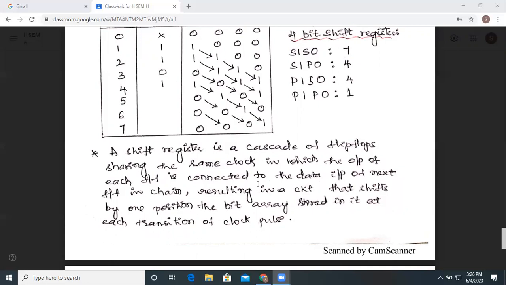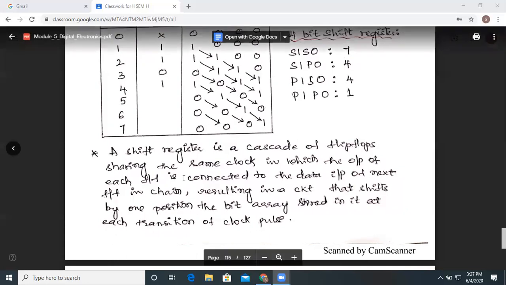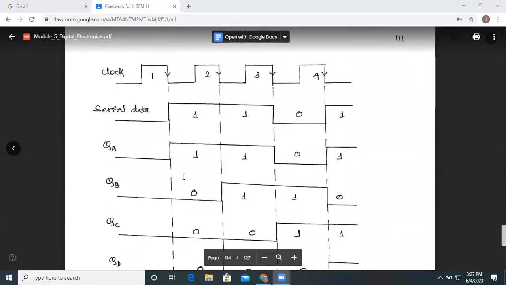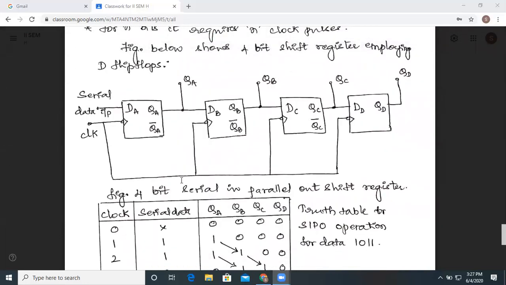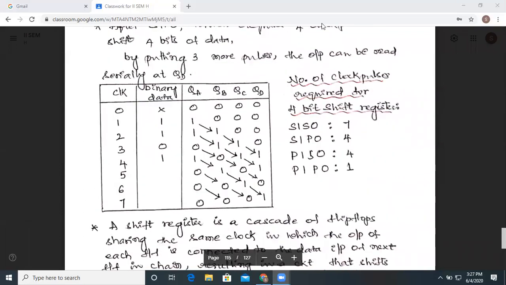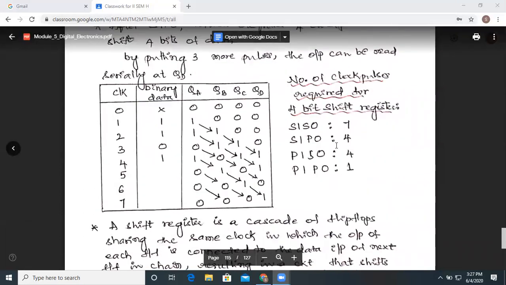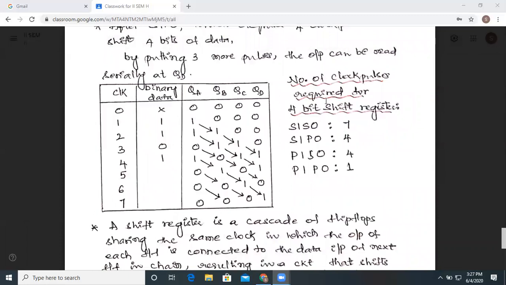After every transition of the clock pulse, the data gets shifted to the next flip-flop. That is how we construct the shift register. So finally, we could see that this is a 4-bit shift register, and with respect to it, we require these many clock pulses to perform these 4 types of operations on the shift register.